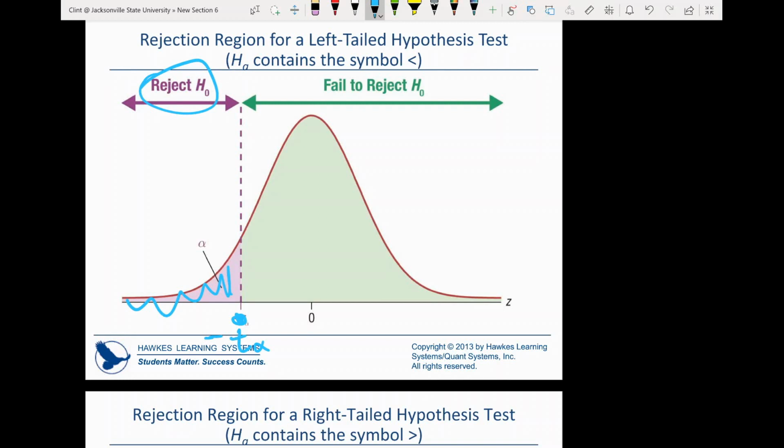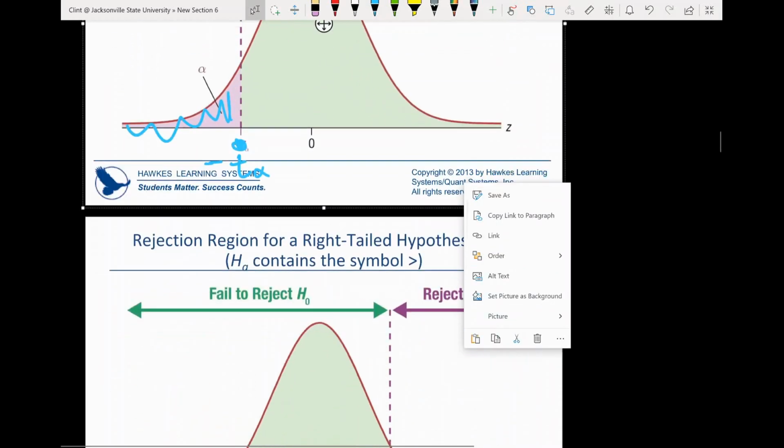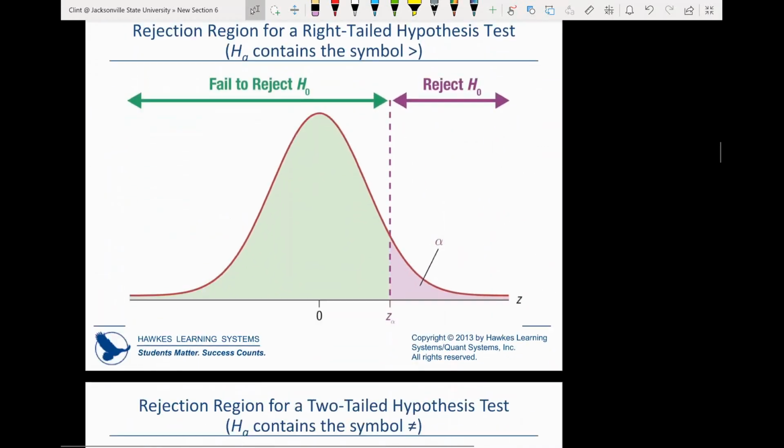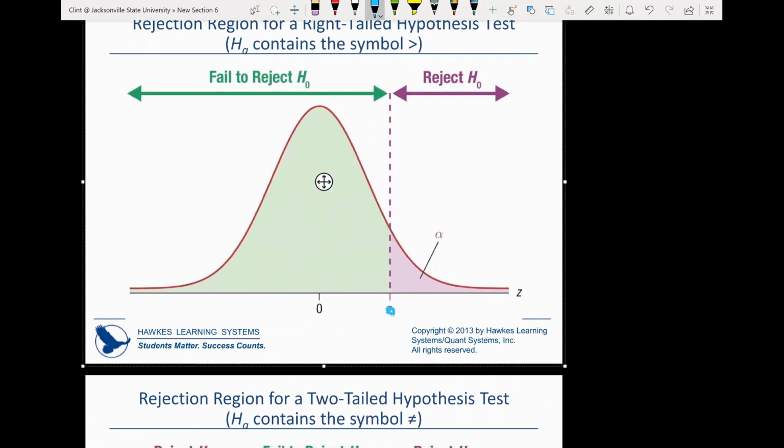If our test statistic is over in the left tail for a left-tailed test, that means we reject the null hypothesis. If we're doing a right-tailed test, it's just opposite. Okay? Our critical t will be over on the right side. And if our test statistic falls somewhere in this right tail that's greater than that critical t, then we reject the null hypothesis. Okay?